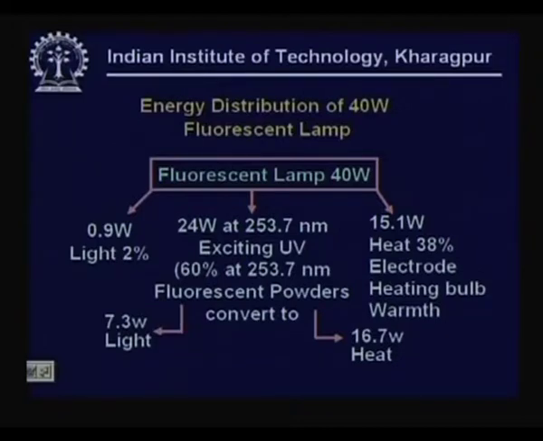We have had a good look at the various fluorescent powders, where the two issues which come up, one is the range over which fluorescent powder absorbs the radiation energy, and the zone over which it re-radiates. Both had their own peaks. So, we have about 7.3 watts.